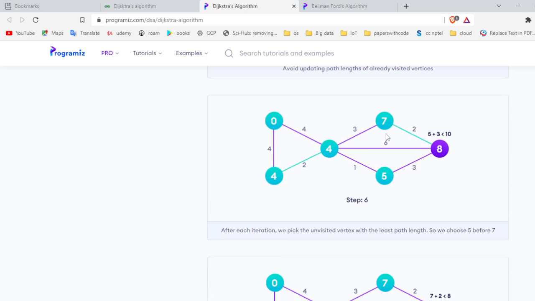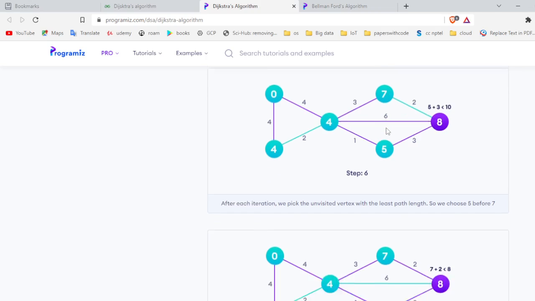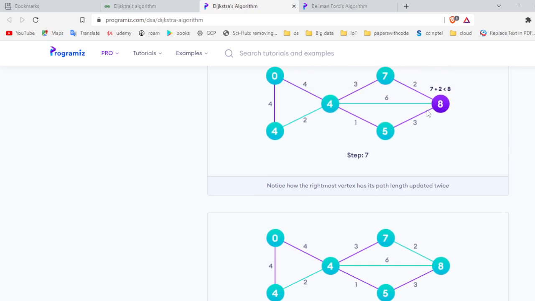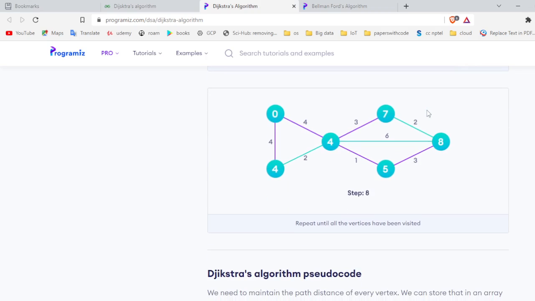After each iteration, we pick the unvisited vertex with the least path length. So we can choose 5 before 7. Then notice how the rightmost vertex has its path length updated twice. Repeat until all the vertices have been visited.